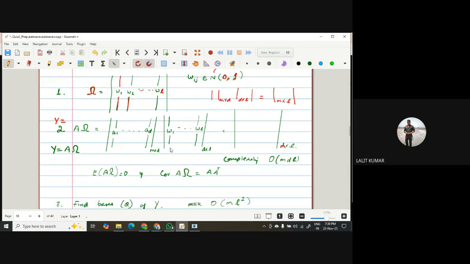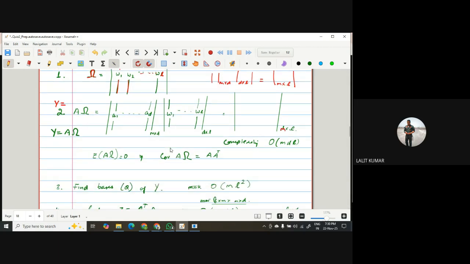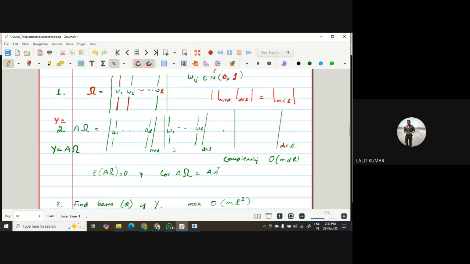And complexity is MDL. Now remember, this is very similar to our JL lemma. In JL lemma also we were multiplying a matrix with a normal distribution. So expectation of this A omega is 0, whereas covariance of this A omega is A into A transpose.